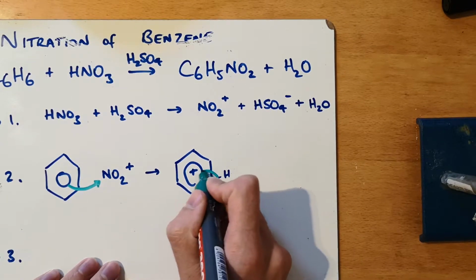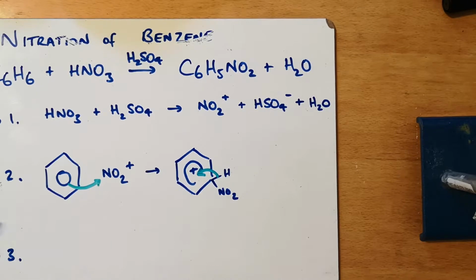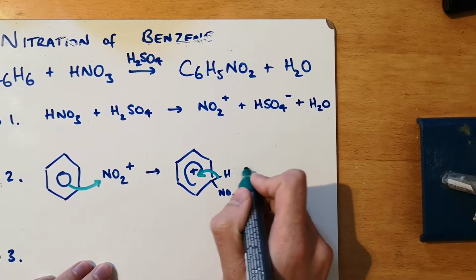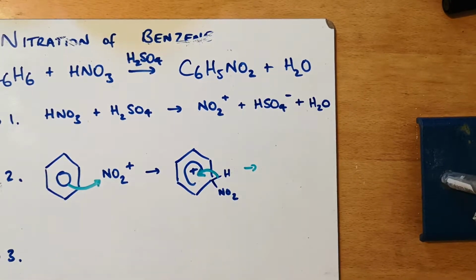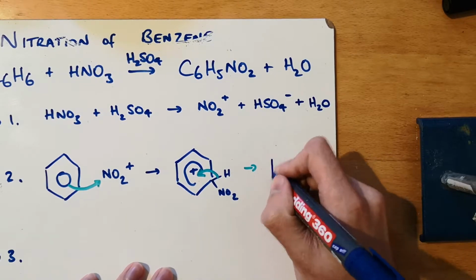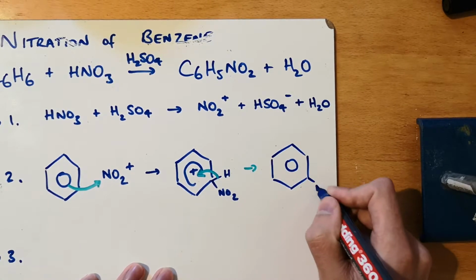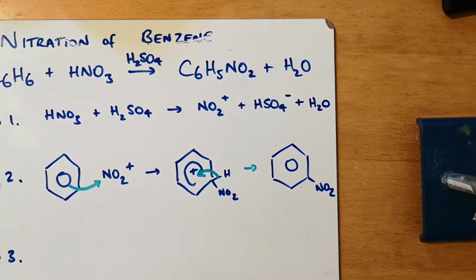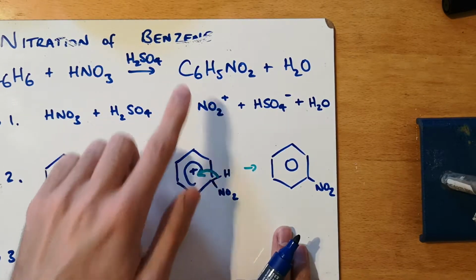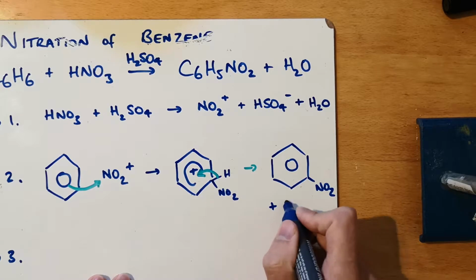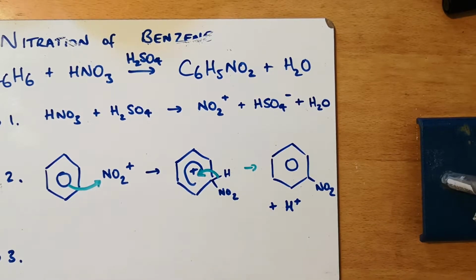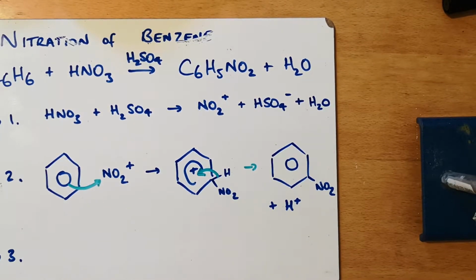And now these electrons are going to go back into that delocalized ring, which is going to form our nitro group added on, and that's our nitration of benzene. And we're also going to get that H plus there.